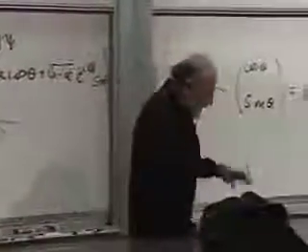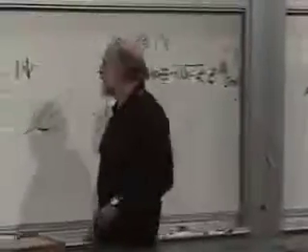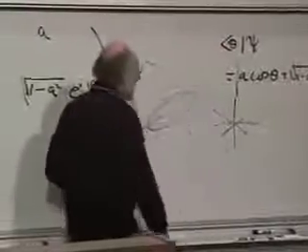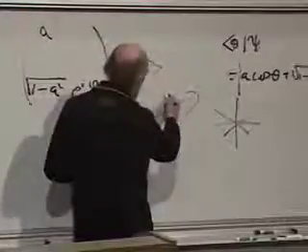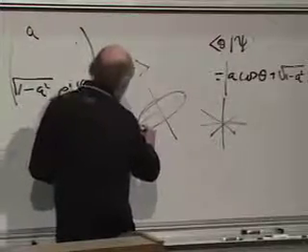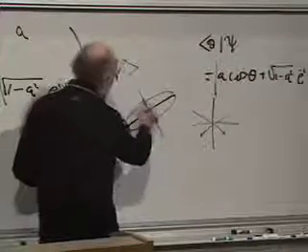The eccentricity would have to do with the difference of the probability that the photon lies along that direction or along that direction.